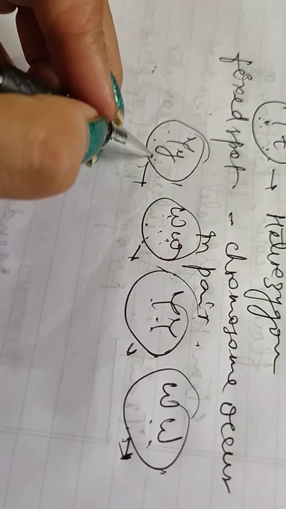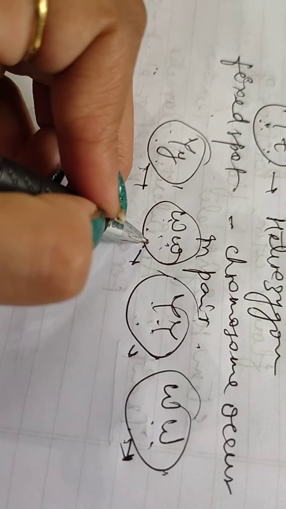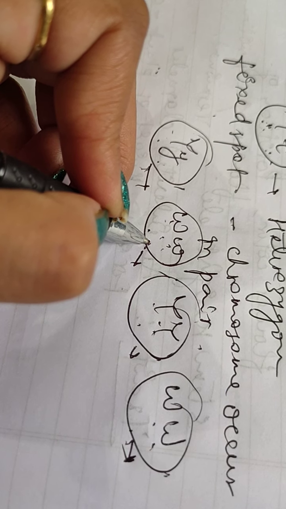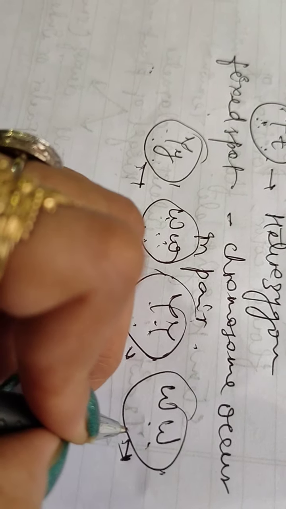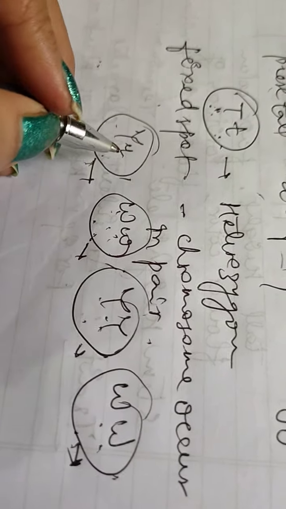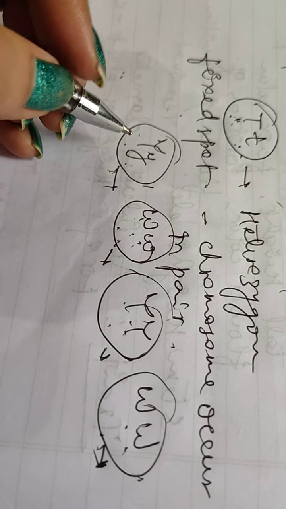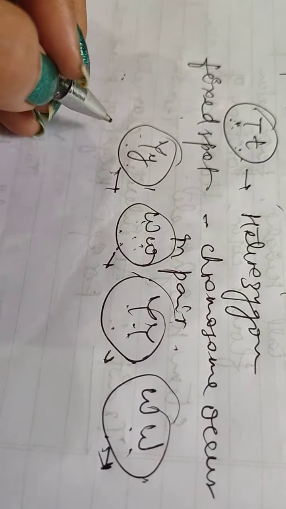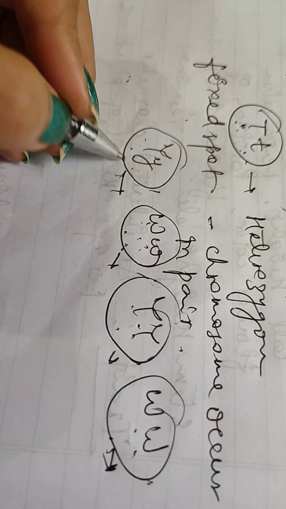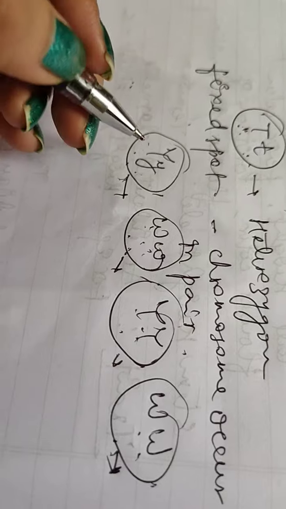So yellow color, sorry, green color, yellow color, and this one is for wrinkle shaped, and this one is for round shaped. I will show you in the independent assortment experiment how these alleles can be defined as yellow color or green color or wrinkled or round.